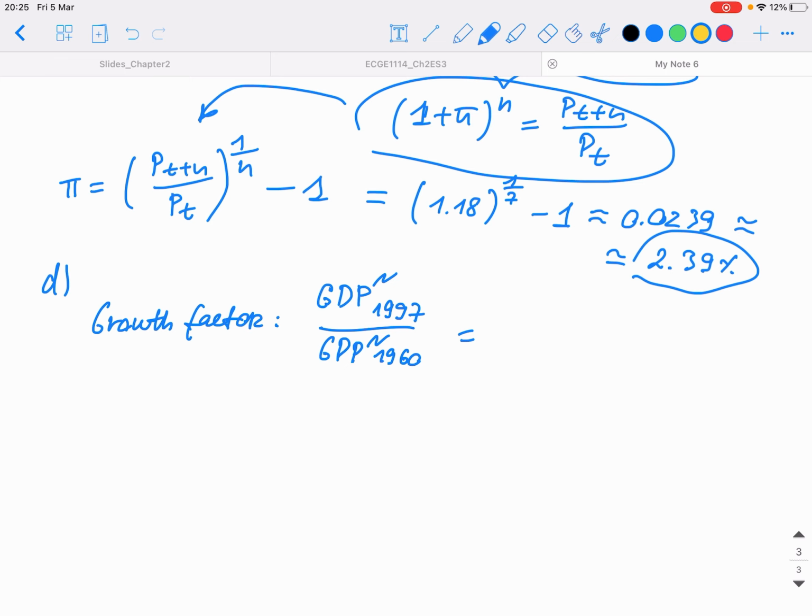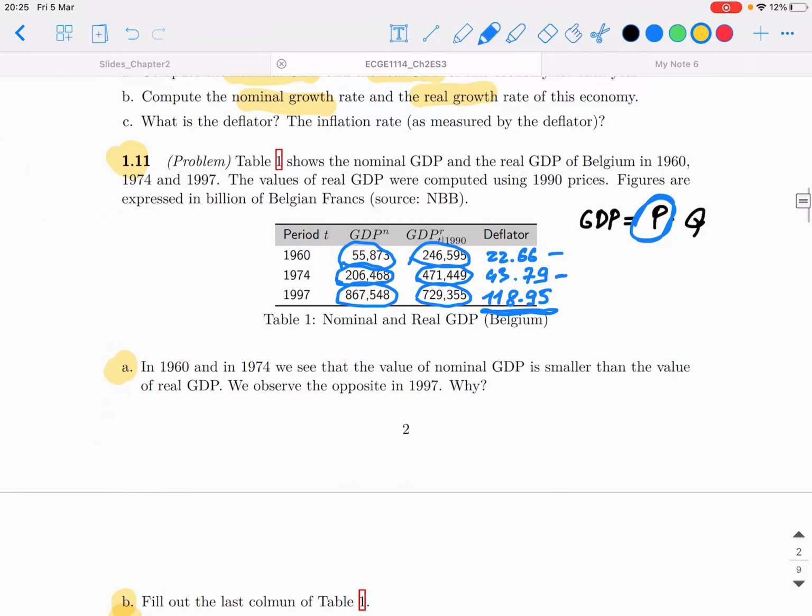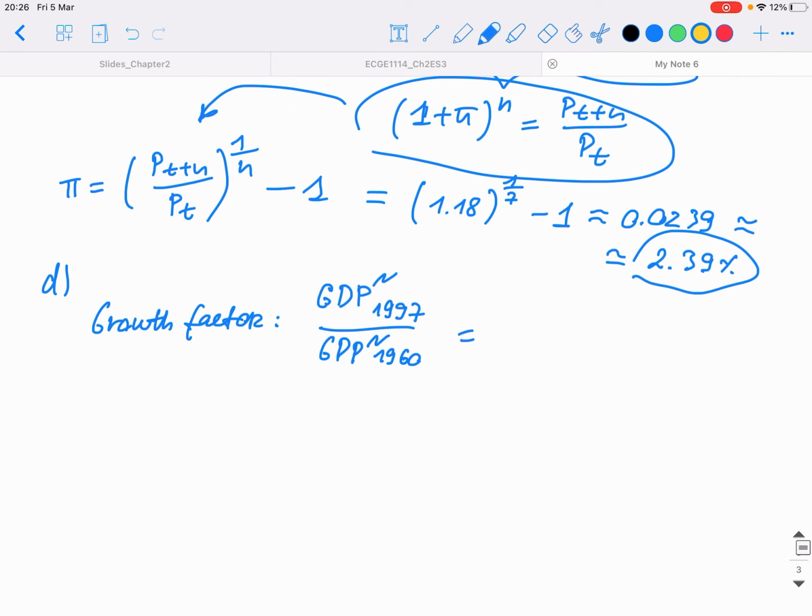So first we take the value for 1997 and we divide by 1960, and we will get the growth factor. So we just substitute the numbers, and we get 15.527.